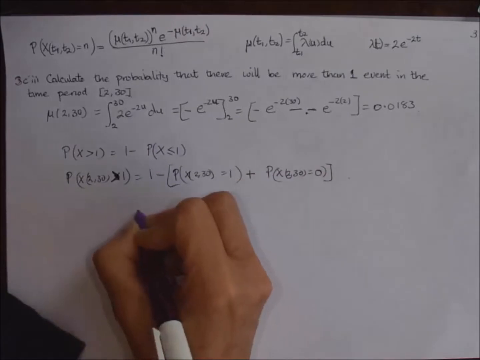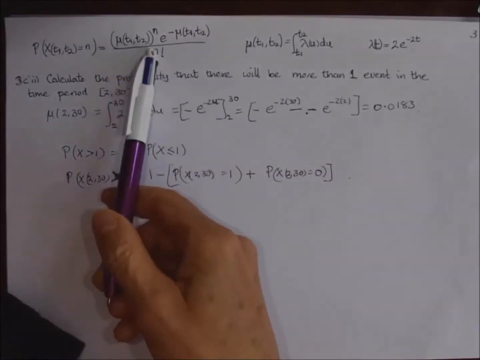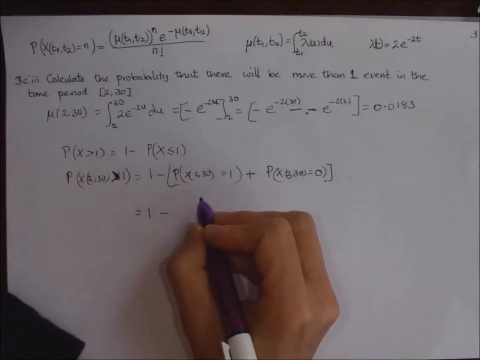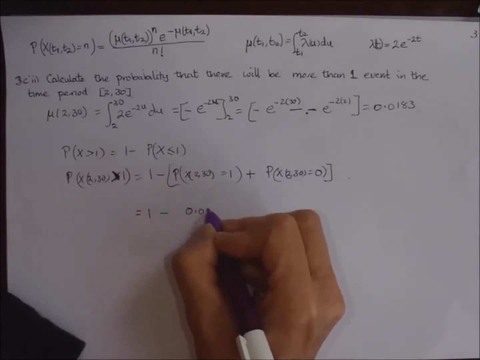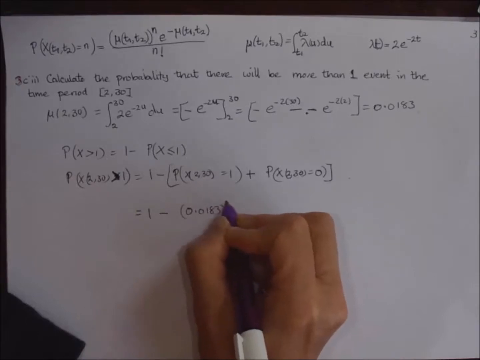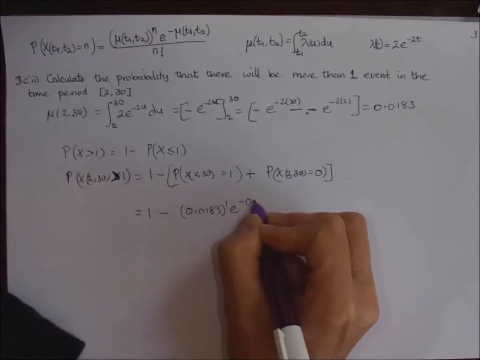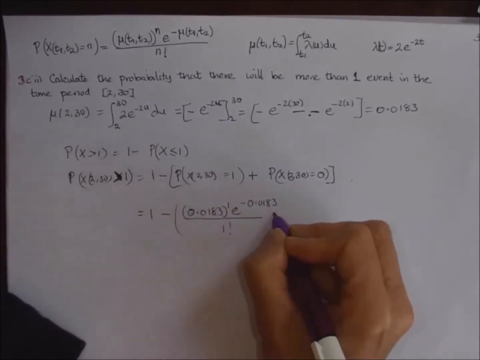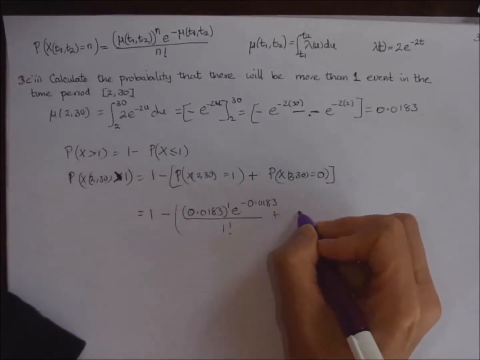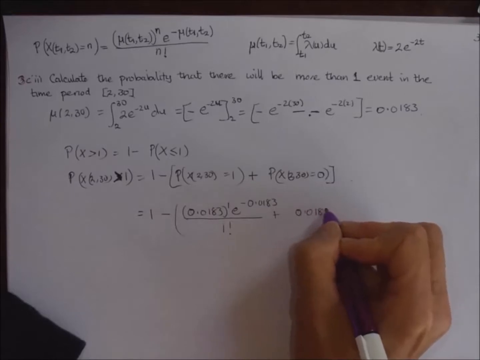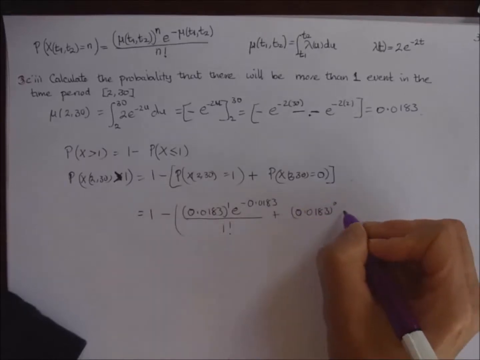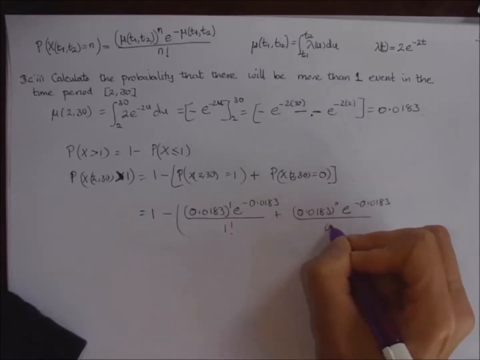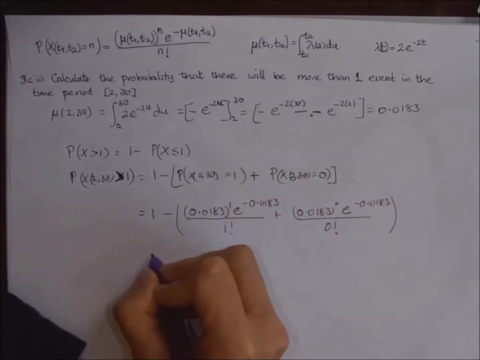Now we have to put these into this formula here, so it's going to be 1 minus, when it's 1, it's mu to the power of 1, so it's 0.0183 to the power of 1, e to the minus 0.0183 over 1 factorial, plus, if it's the power of 0, 0.0183 to the power of 0, which is just 1, times e to the minus 0.0183, all over 0 factorial, and 0 factorial equals 1.